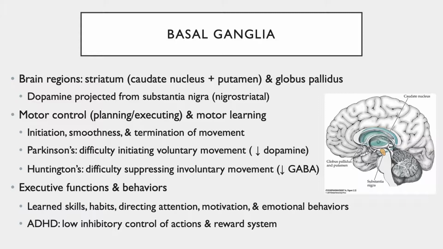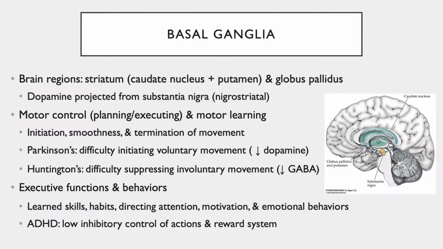In addition to the striatum, the basal ganglia is comprised of the globus pallidus. We discussed the nigrostriatal tract earlier in this lecture presentation. Dopamine in the nigrostriatal tract projects from the substantia nigra to the basal ganglia, specifically to the striatum.